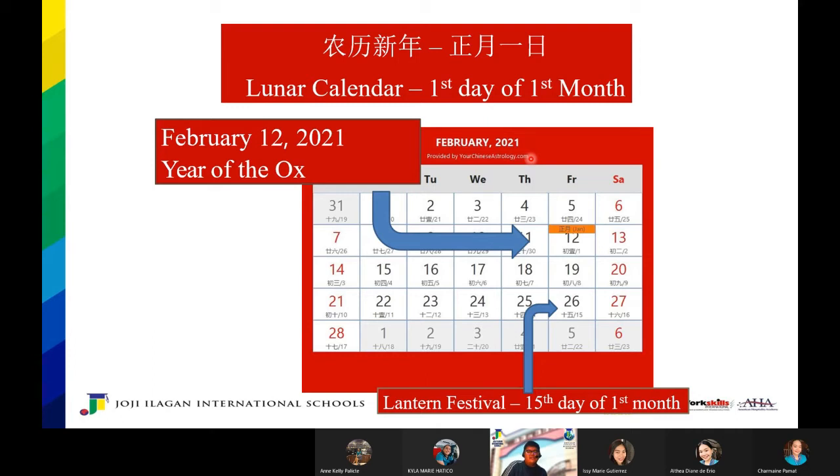Next, the festival after this is the Lantern Festival, which is the 15th day of the first month. February 12 is a holiday here in the Philippines, good thing. So yeah, long weekend tayo sa Chinese New Year. We'll discuss that also in the next few days.